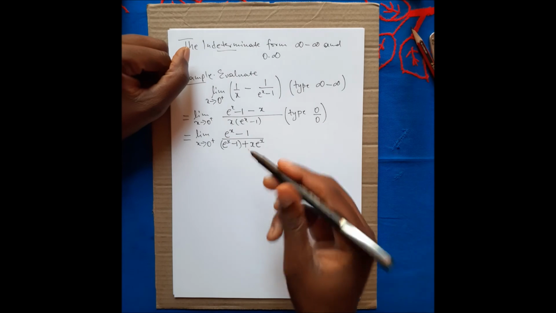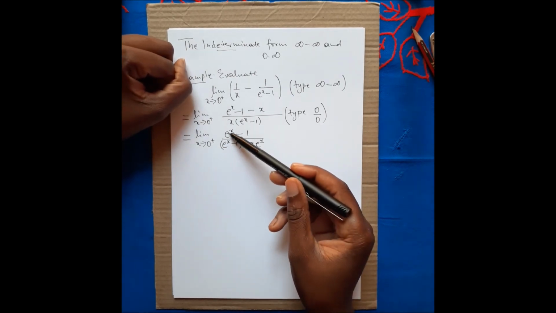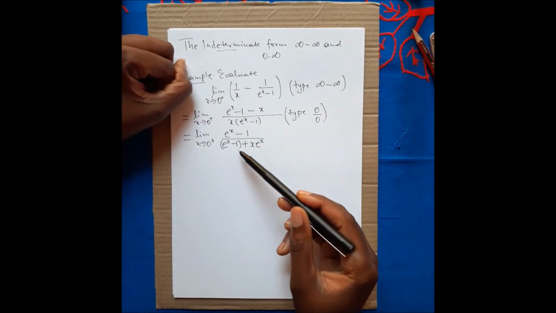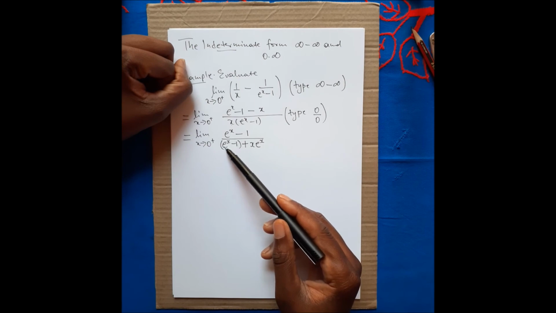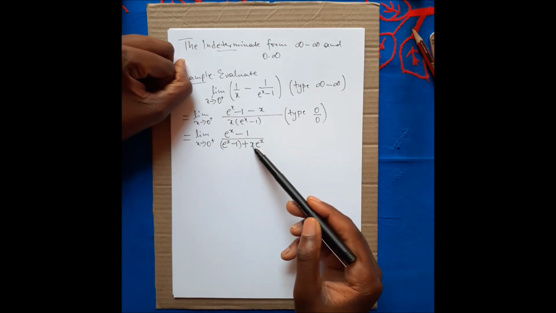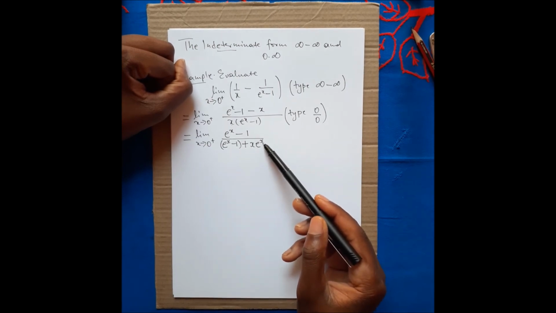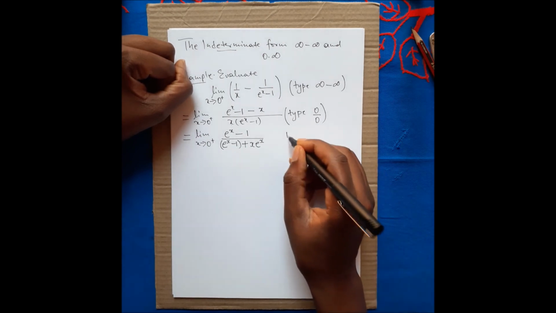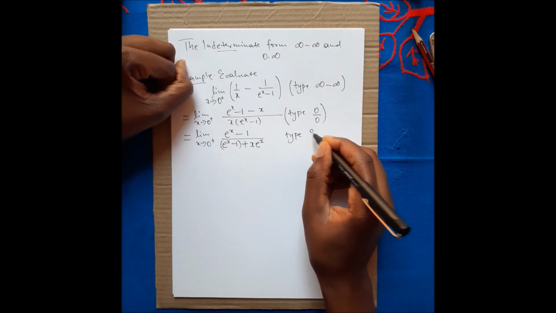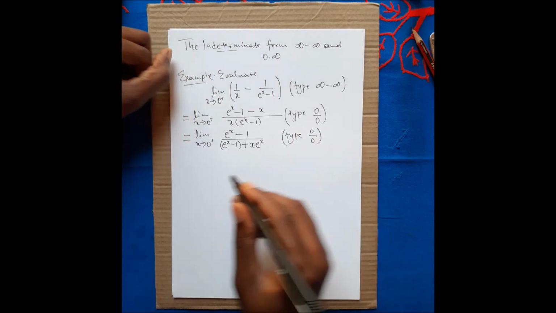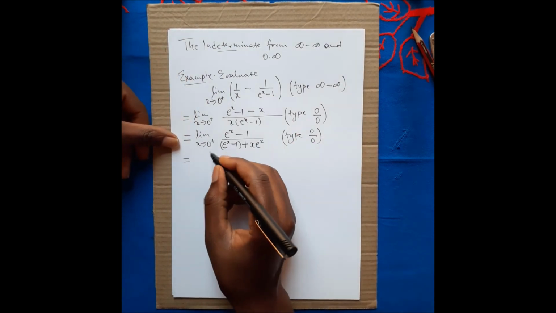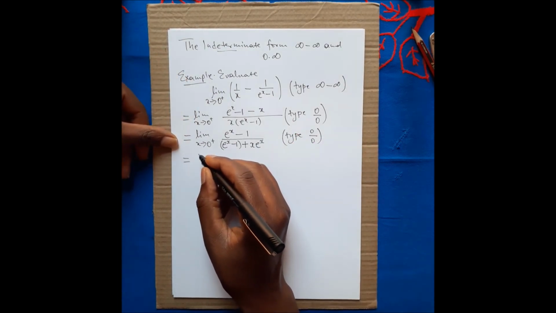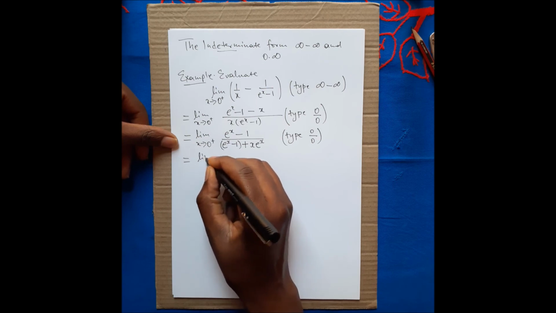Then we check: if we substitute 0 here, we get 1 minus 1 plus 0 times 1, which is again type 0 over 0. And then we apply L'Hopital's rule again.